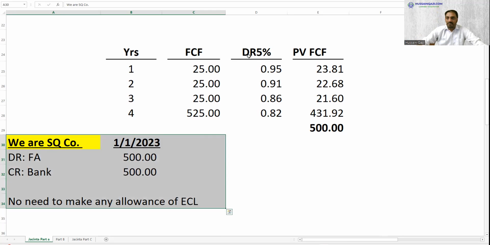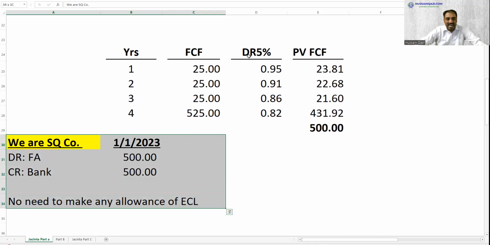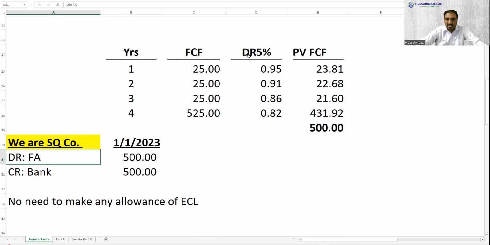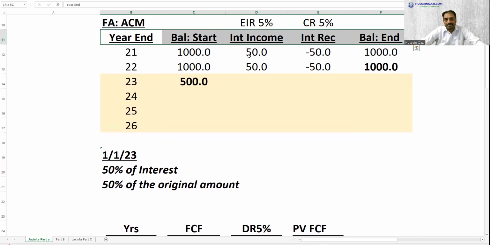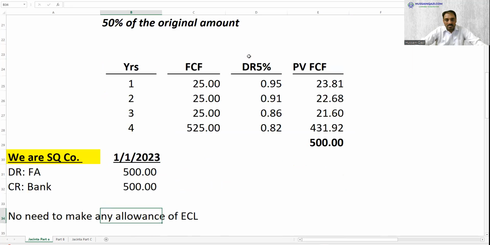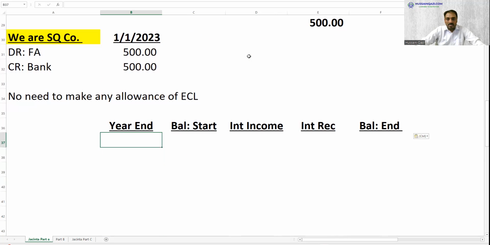We are SQ company, or in the original example, the A company. Students, one more thing. How will the SQ company account for this financial asset over the time period? Don't worry about that. Same accounting. That's the date 23.